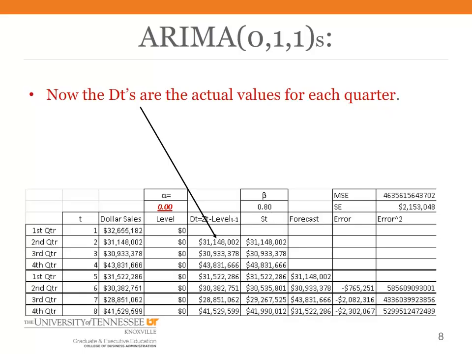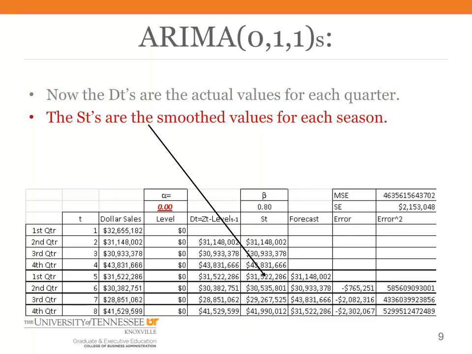So D sub T is the exact same as the column that says dollar sales. So the data that we now have in column T is just the raw data. And if you wanted to be a perfectionist, you could go back and type in that first period there, but that's usually not necessary.